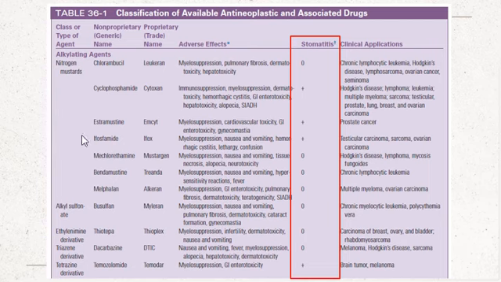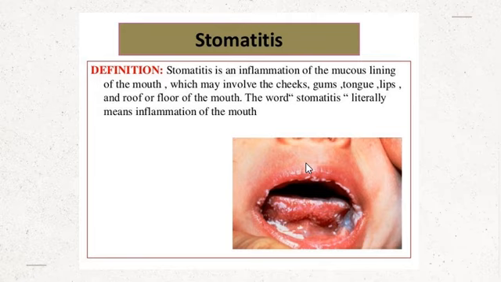So, naka-indicate na dyan yung class ng agent, ano yung mga different drugs under these agents, ano yung name nila, adverse effects, and syempre yung important sa field niyo is yung the development of your stomatitis. So, ano yung mga drugs dito na prone na mag-develop ng stomatitis sa mga patients. So, important na i-take note nyo itong tables na ito.